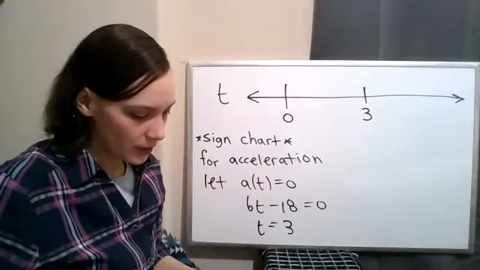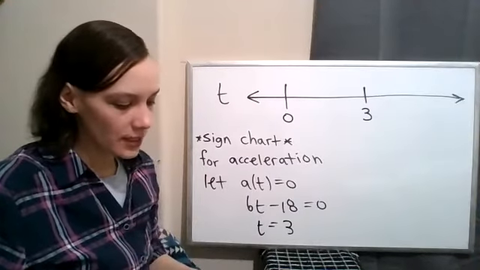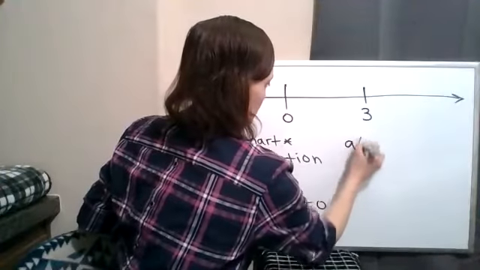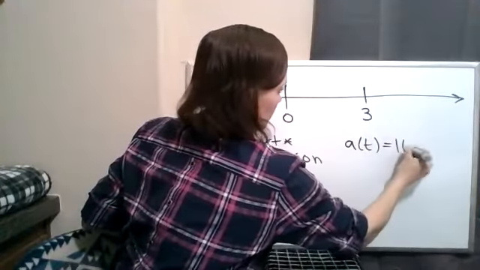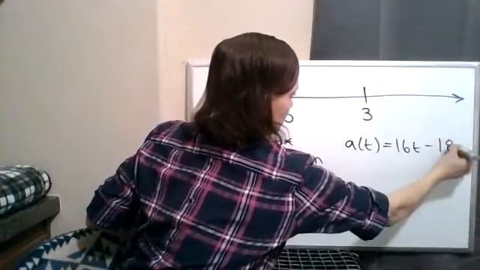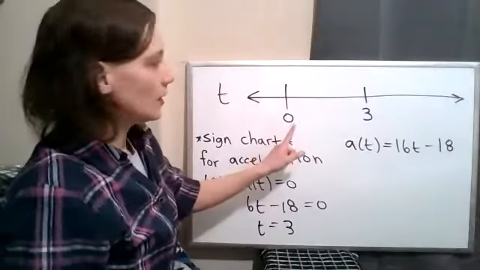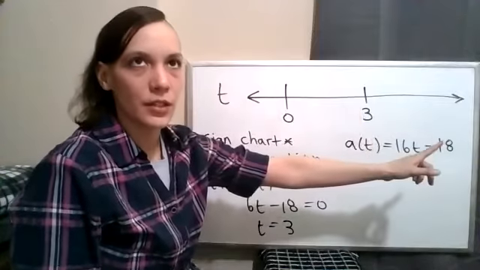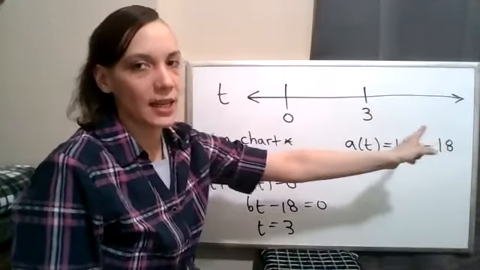I want to write down the function just on the side. So a of t is equal to 6t minus 18. So we're testing from 0 to 3, and then from 3 over to 8. We decided to stop at 8.